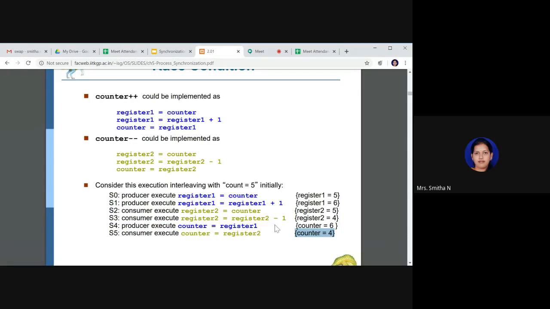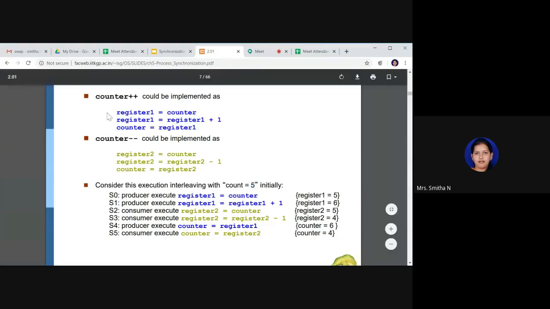But if you see generally, if you take 5, if you do one incrementation it will be 6, and if you do one decrementation it is again 5. The counter value should be 5 if you perform these two operations.